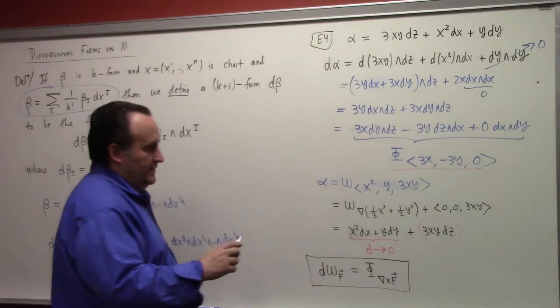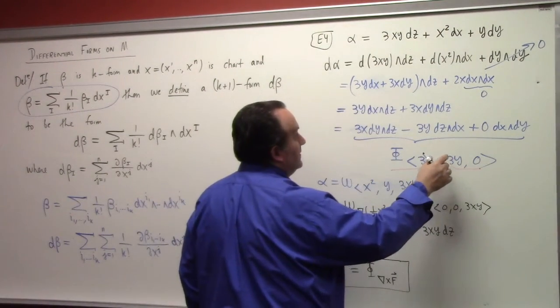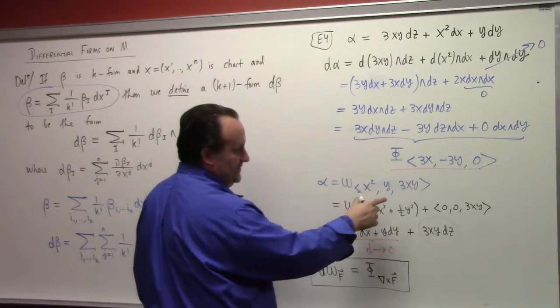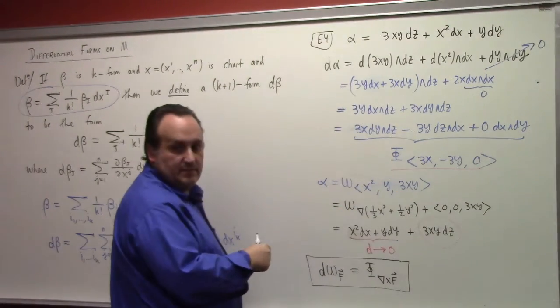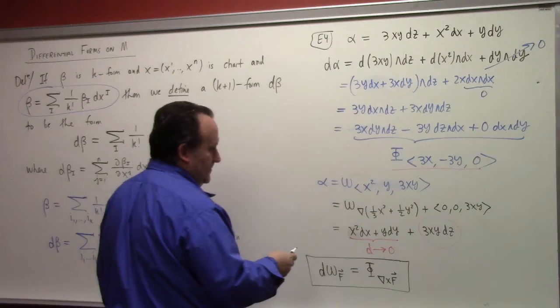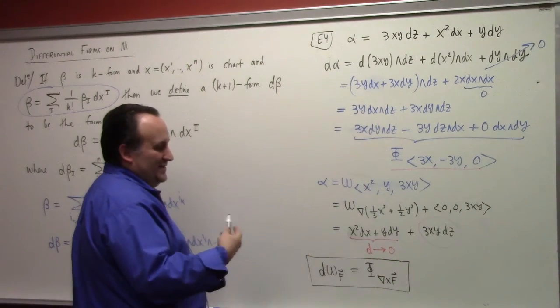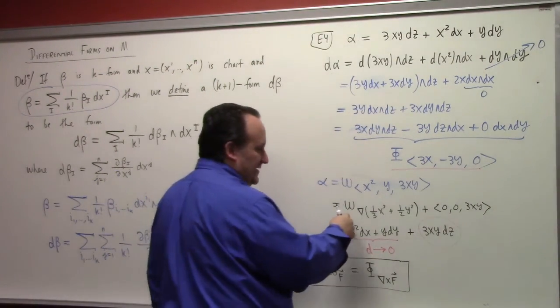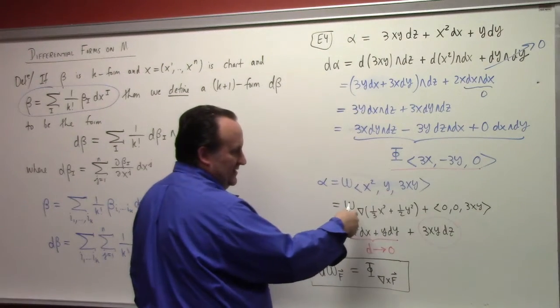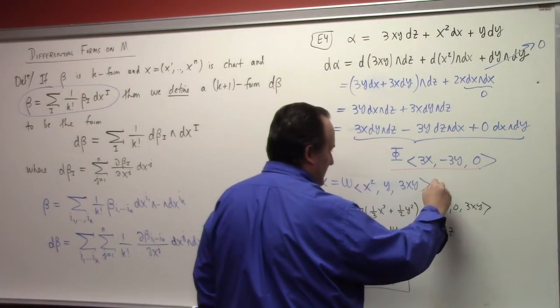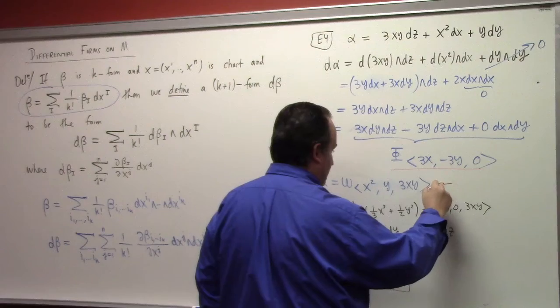If you calculate the curl of this vector field right here, let me give this thing a name. Let me call this vector here f.